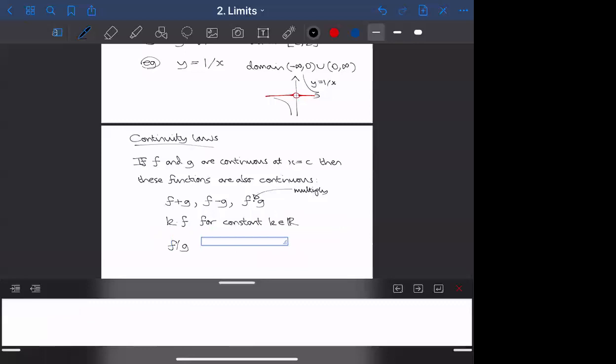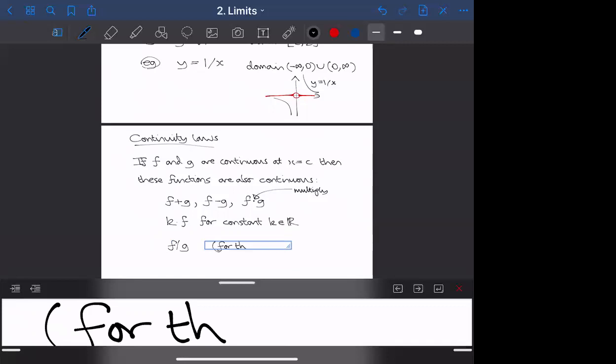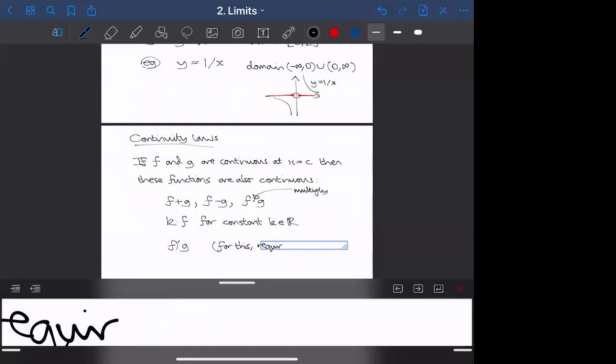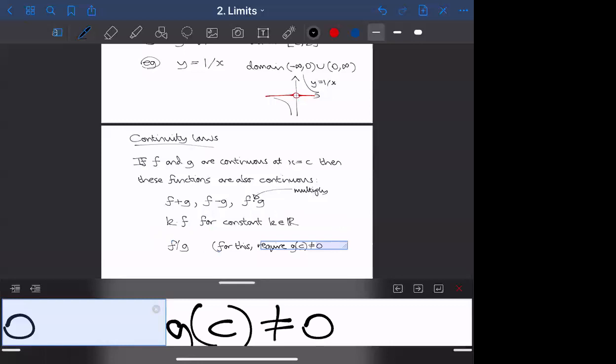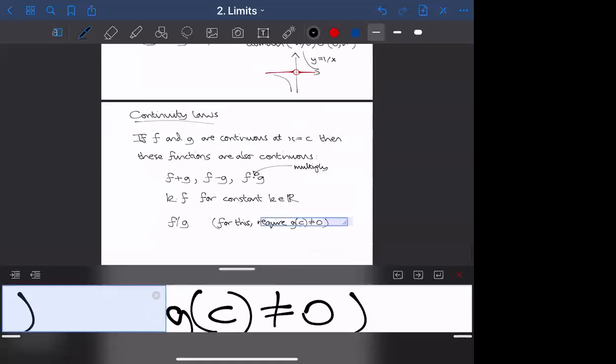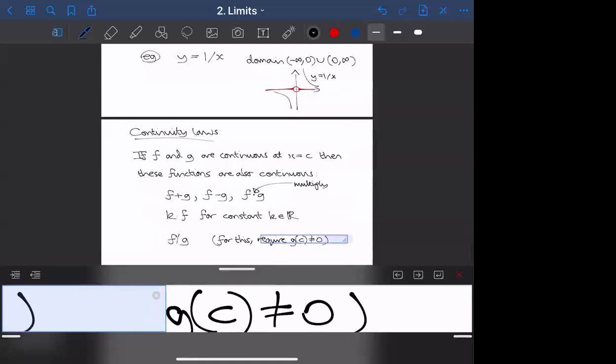Same is true for the quotient, f over g. And as you might expect, for this we require that the value of g is not 0. So this example here is a demonstration of that: 1 over x, f over g, is continuous wherever g is not 0, i.e. wherever x is not 0.